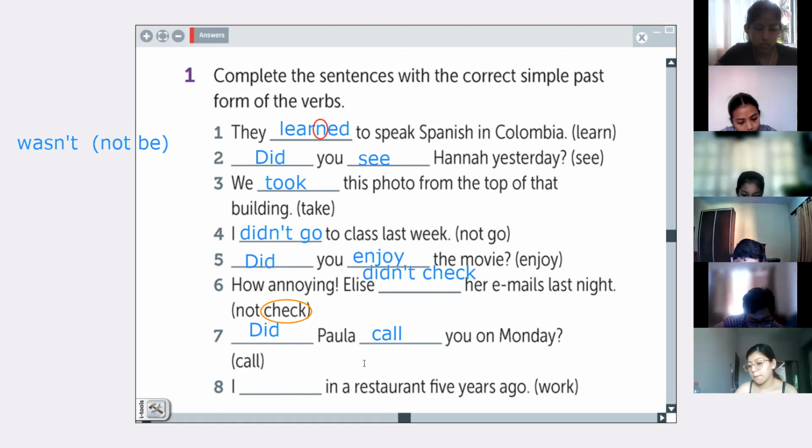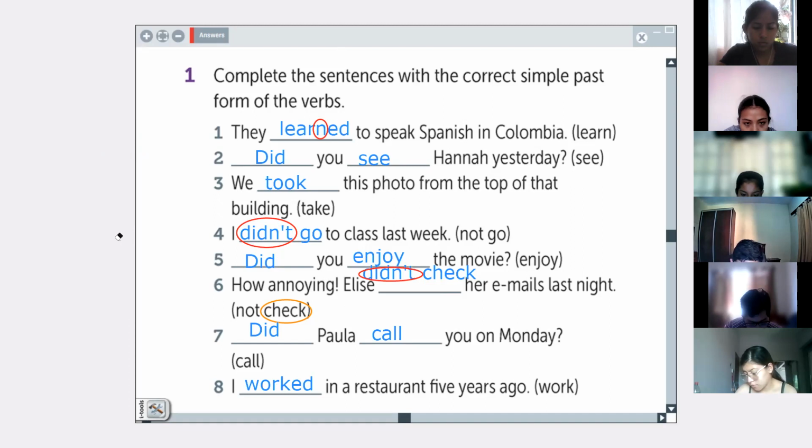I worked in a restaurant 5 years ago. Okay, very good. Good job. Thank you, guys. Recuerden que para las oraciones negativas, si tenemos otro verbo que no es el verbo to be, debemos ocupar el auxiliar didn't. Okay? Any questions, any doubts in this exercise, number 1?